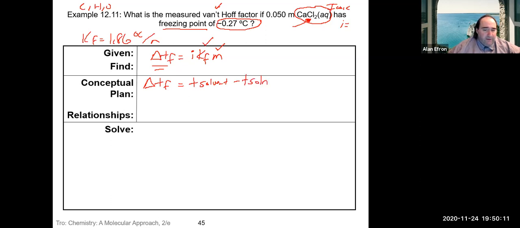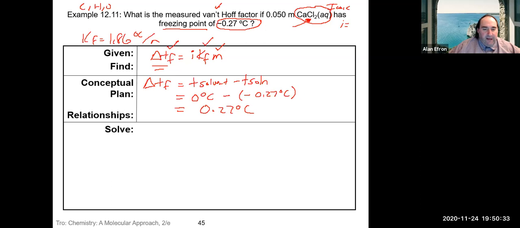Water being our solvent here normally freezes at 0 degrees Celsius. In this case, it freezes at minus 0.27 degrees Celsius. That minus and minus is going to give us a positive 0.27 degrees Celsius, which is what we need for our formula.